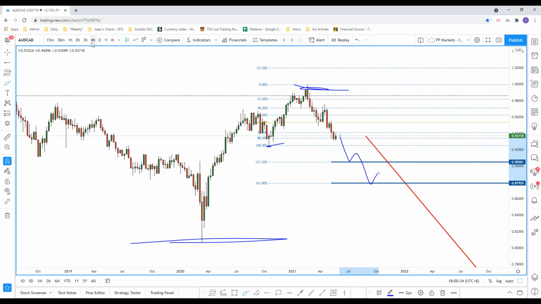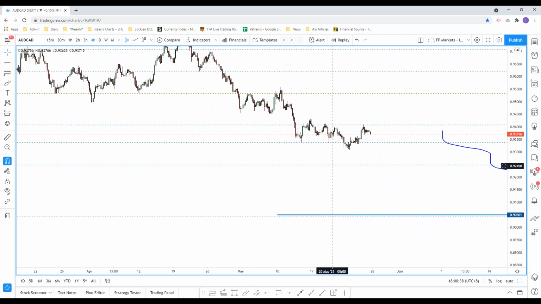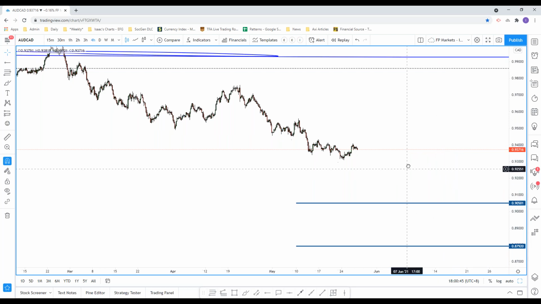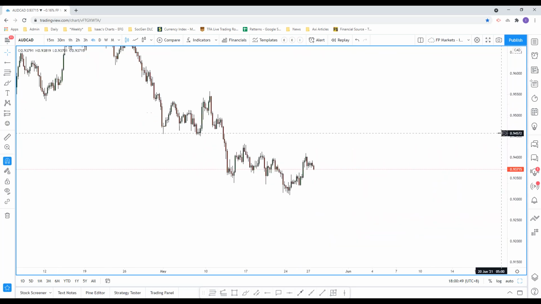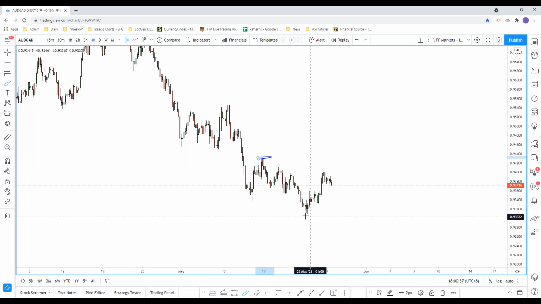Okay, so let's go down to the lower time frame. It's going to get messy because there's going to be lines all over. I'm just going to remove it. Just keep in mind where all these lines are coming from. Now, look at this. There is a swing high over here. I can take this as a swing low.